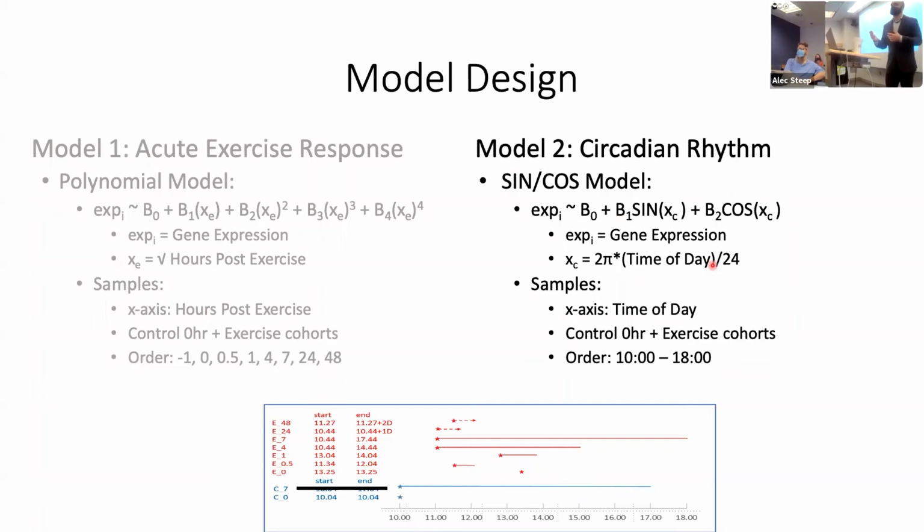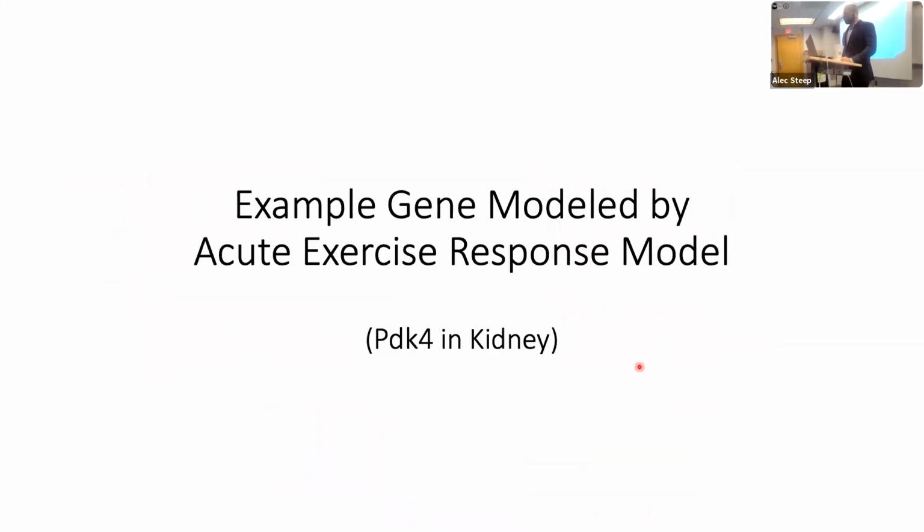Time of day is on a scale of 24 hours divided by 24 hours. And our x-axis is time of day. We're going to use the exact same models, control 0 hour and the exercise cohorts, but our x-axis changes. And so our order is the order of the hours in the work, 10 a.m. to 1800 or 6 p.m.